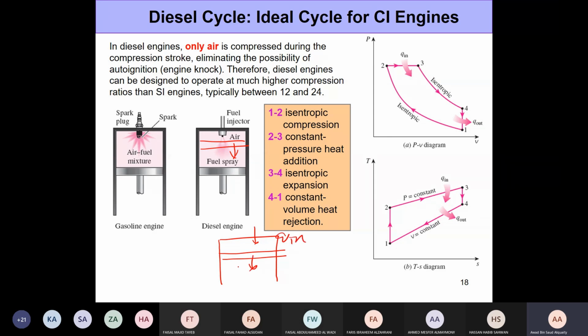The piston is already going down by itself because it's already in the power stroke. So as we keep on adding heat, the piston is going down, the volume is increasing, and therefore the heat addition that happens in a diesel engine resembles a constant pressure process, and that's the reason why we have heat addition at constant pressure, right?